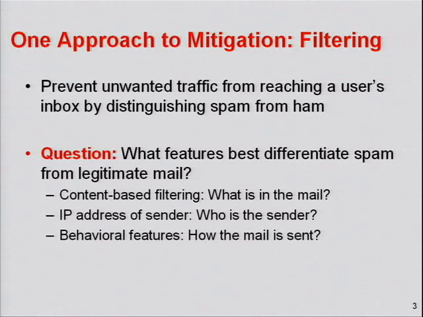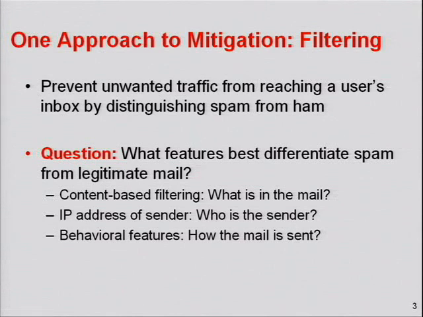What is the IP address of the email sender? If I have previous information about that IP address, I can say something about whether or not the message being sent from that sender is likely to be spam or not. Both of these approaches are not new. They have various advantages as well as some shortcomings that I'll talk about.